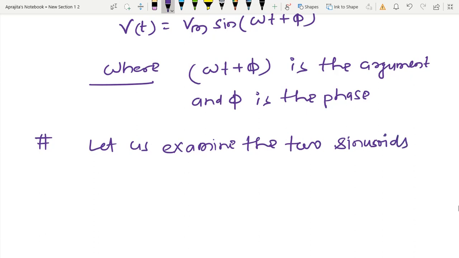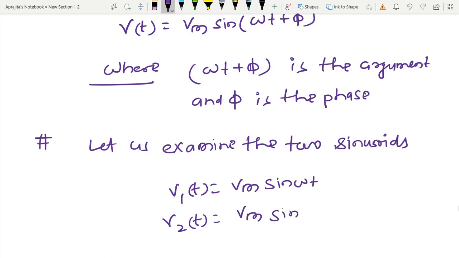I am going to consider the first sinusoid V1(t), that is Vm sine omega t, and the second sinusoid of more general form, Vm sine omega t plus phi.